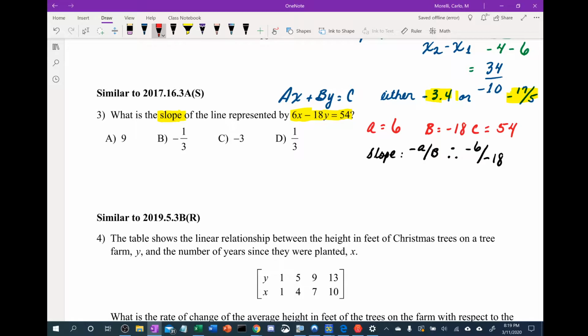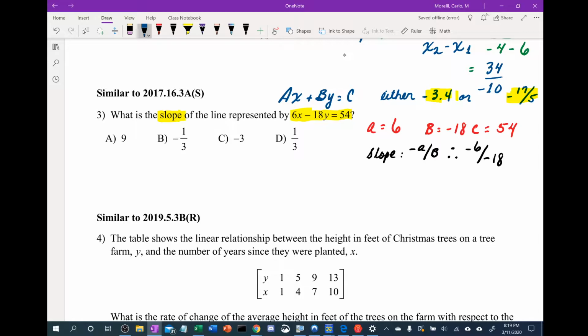We can divide a 3 out of both 6 and 18. What I mean to say is we can divide a 6 out of both the 6 and the 18, and we're actually going to pull a -6 out.